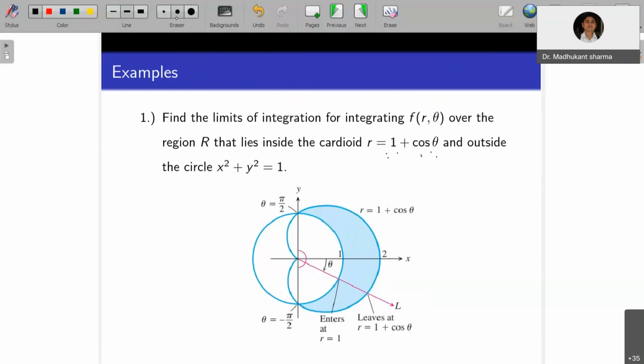Right. Now we want to, so we are interested in finding the limits because we don't have any expression for f of r comma theta. So we are not interested in solving the integral, but we are interested in finding the limits. So it is saying that region R that lies inside the cardioid and outside the circle. We are talking about this region.